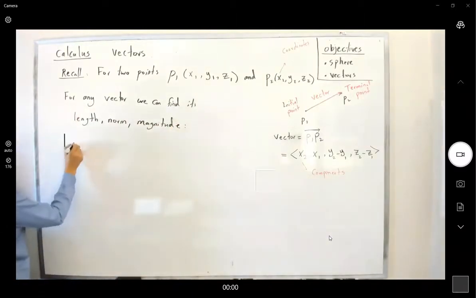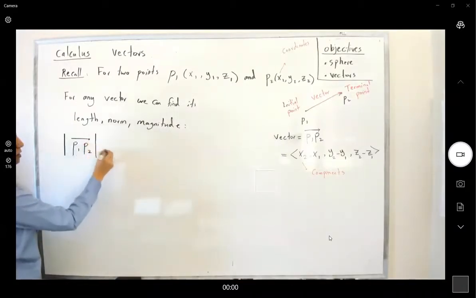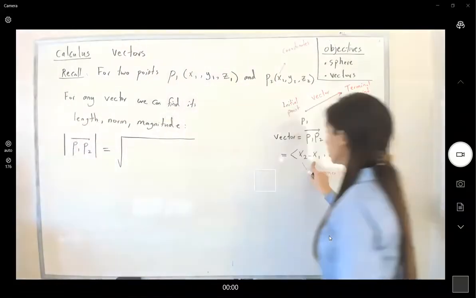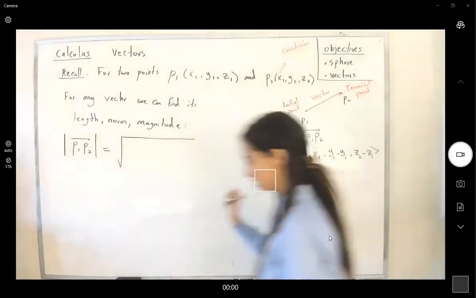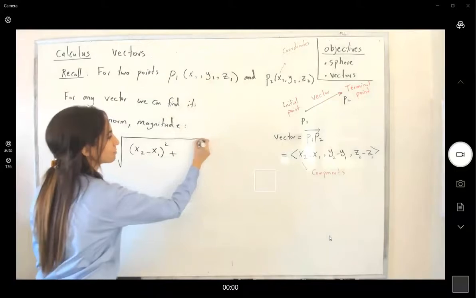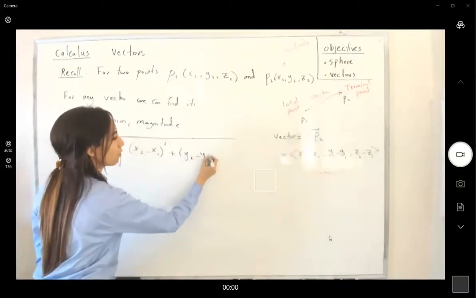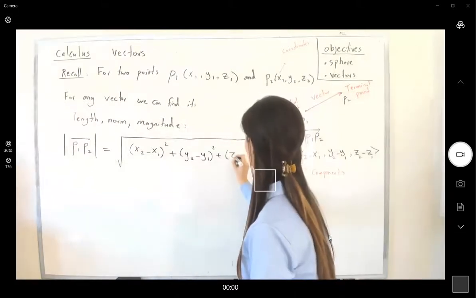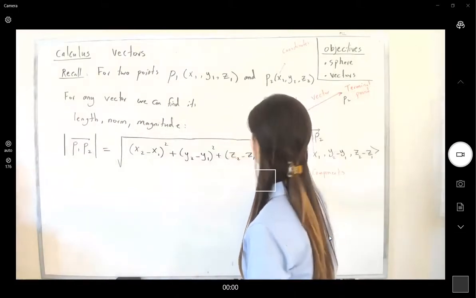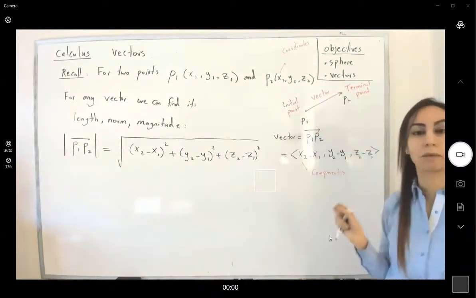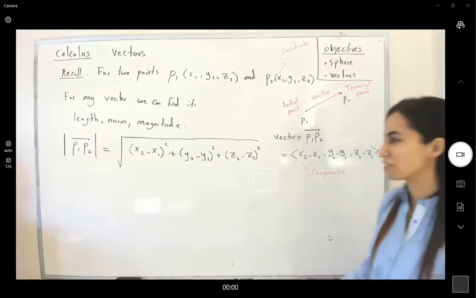The absolute value of P1, P2, this is a vector that we're constructing, is equal to the square root of, we take each of these components and we square them. So here we have x2 minus x1 squared plus y2 minus y1 squared plus z2 minus z1 squared. And remember that this is the distance between 2 points, or the magnitude, or the length, or the norm of the vector.